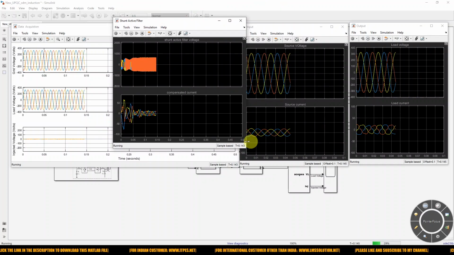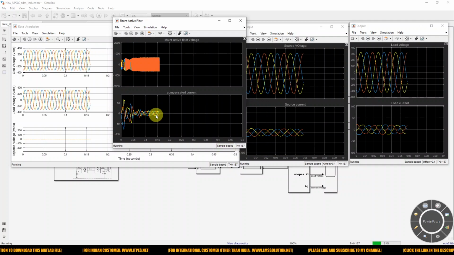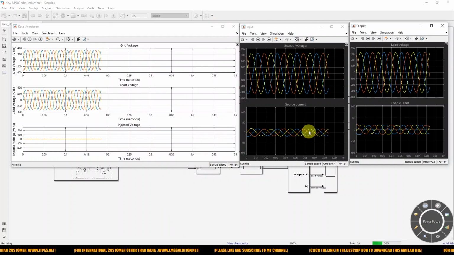So this is the working of that shunt active filter in the UPQC. The shunt converter is injecting the harmonic, that means compensation current, to make the source current sinusoidal. You can see the difference between load current and the source current.